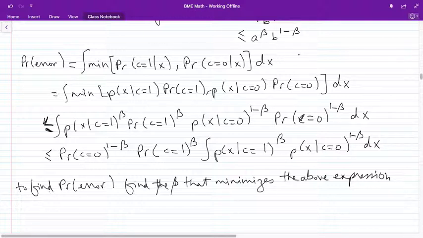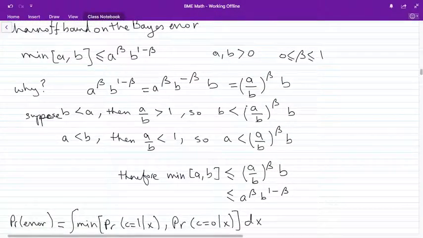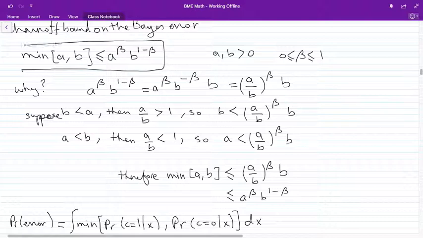So, a useful thing that we learned today is this expression, under these conditions. Which is nice, because minimum is a difficult thing. When you have the minimum of two numbers, it's difficult to write it algebraically. This gives us a way to write it algebraically.